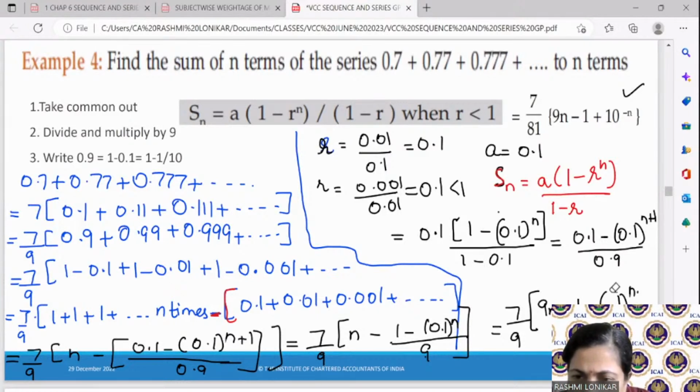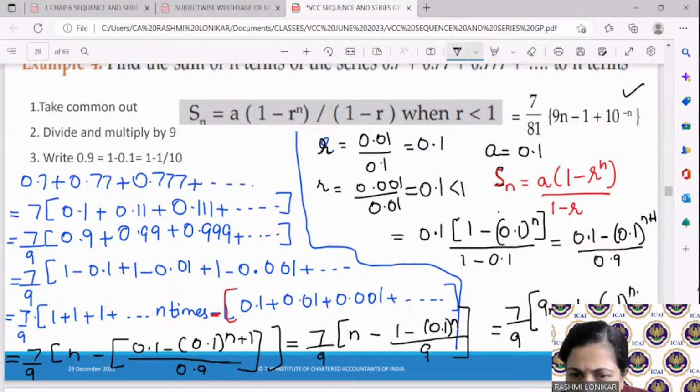So 0.1 raised to n. Okay. So what will I have?